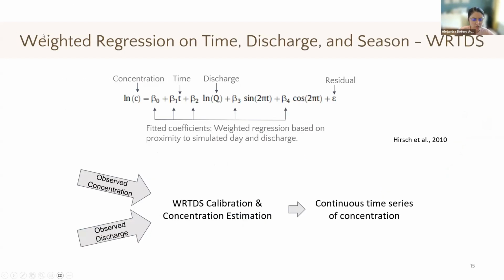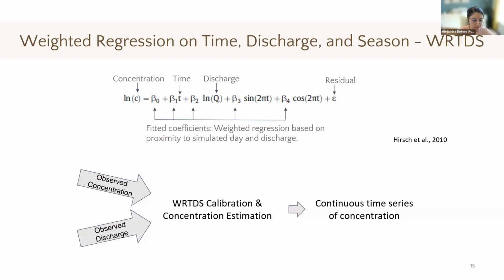Okay, so to conduct our analysis, we use the weighted regression on time, discharge, and season, better known as WRTDS. And this method implements the equation that you can see in this slide, which computes the concentration for every single day during the trend period using the time and discharge. And for this, we use 4 fitted coefficients that are calibrated for every single day using observed data that is close to the day we are simulating in discharge, in time, and in season.